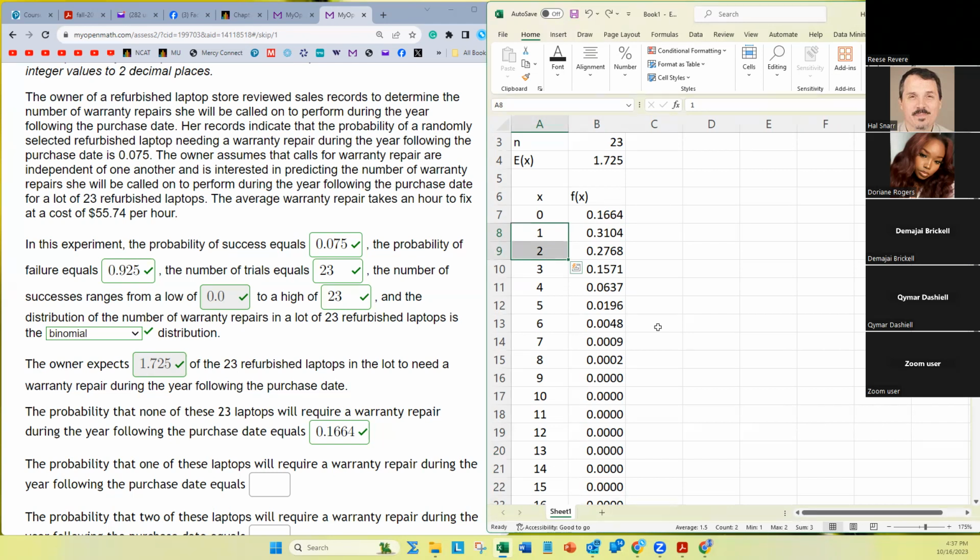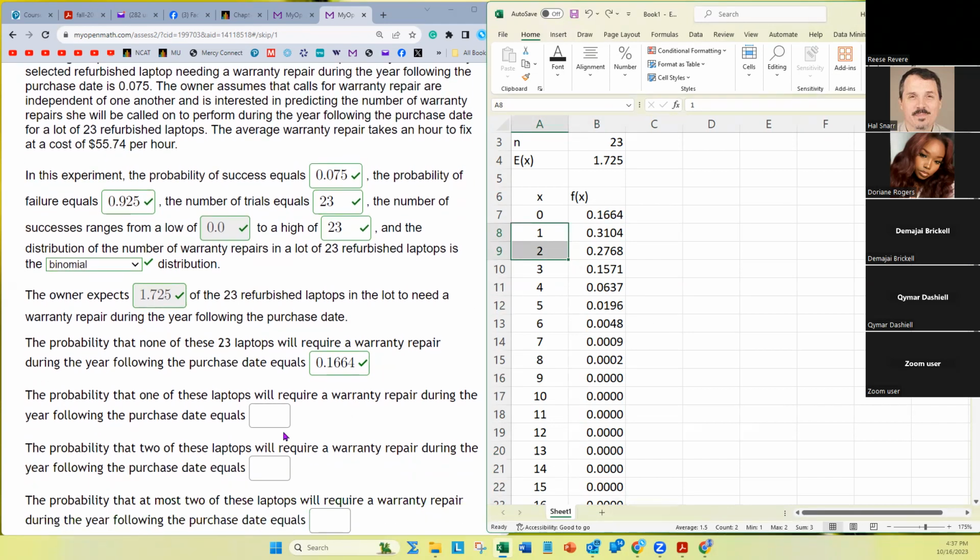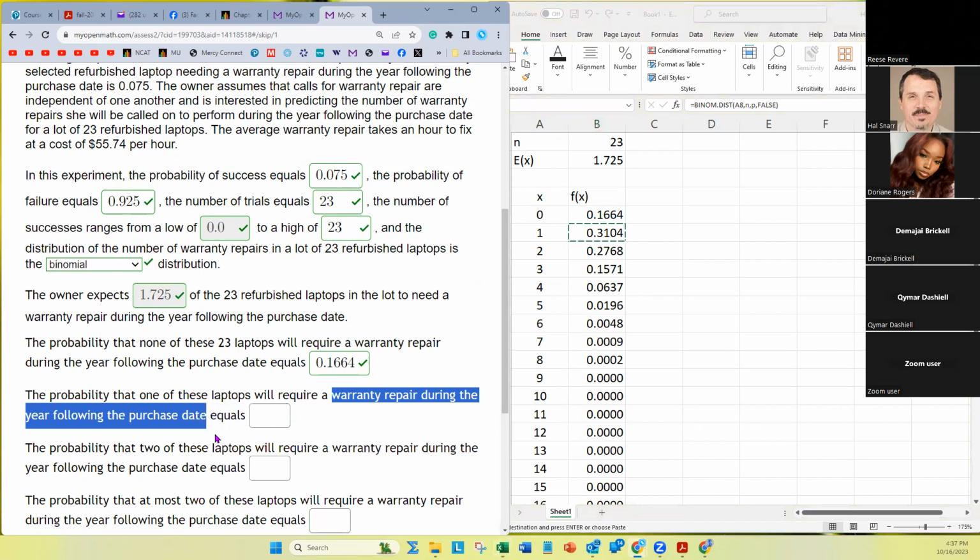All right. The probability that one of these laptops will require a warranty repair during the year following the purchase equals what? Well, this is 1, right? Again, this right here, that's x, and x equals 1, right? We want to know the probability that x equals 1.